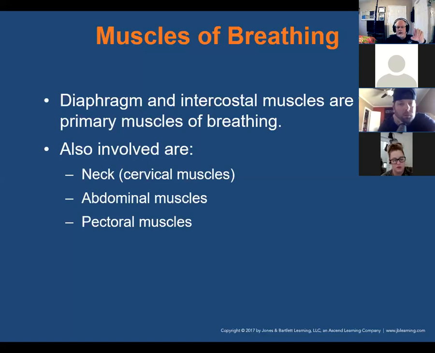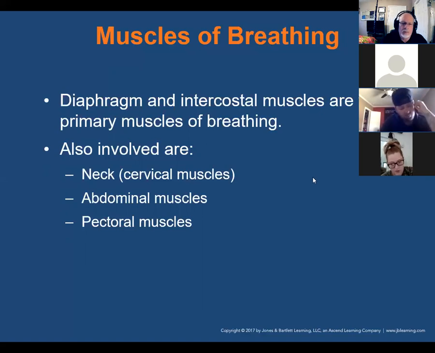The pressure of the air on the outside is higher than the pressure inside the thoracic cavity, so that air moves toward that lower pressure area. That is how we breathe.